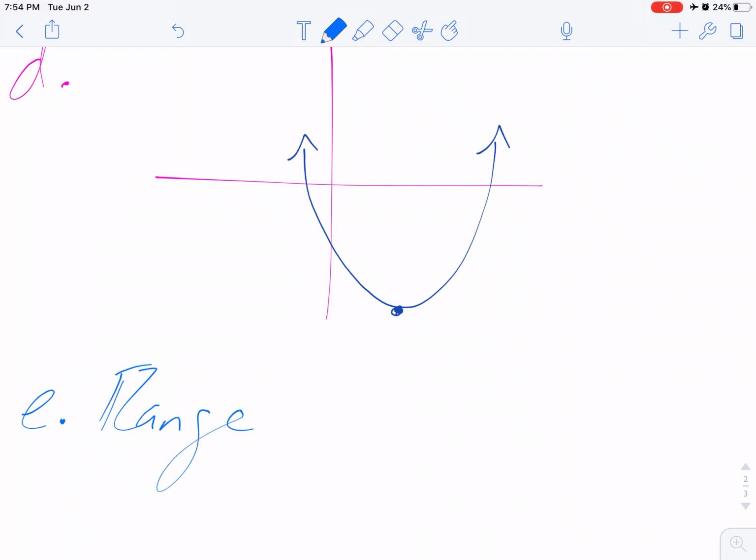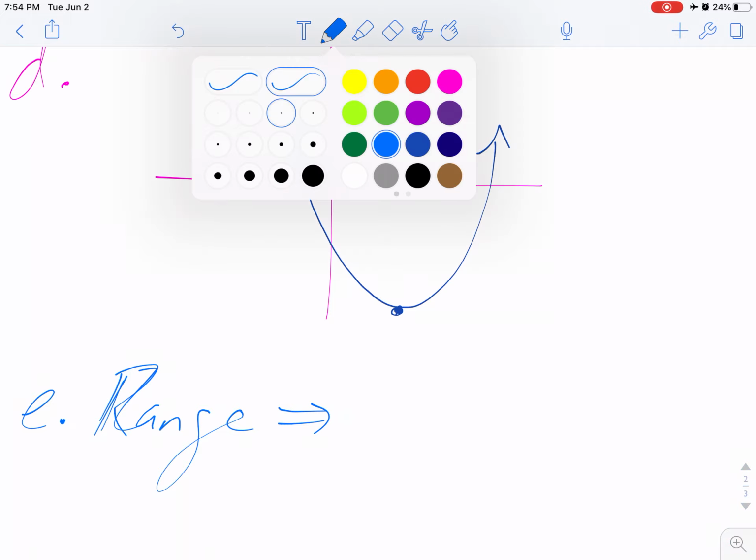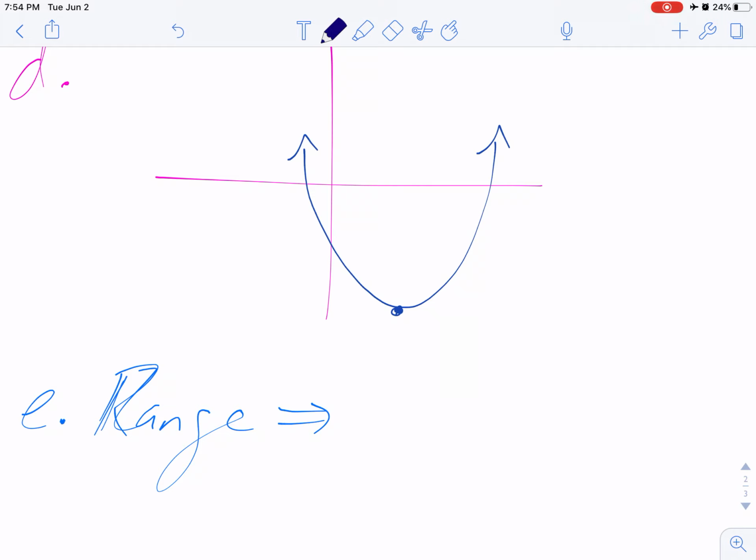This should be review at this point, but if it's not, here it is. The range of this function is all of your acceptable y values. This vertex right here, remember, was 2.5 comma negative 12.25. So the y values shown on this graph are bottoming out at negative 12.25.